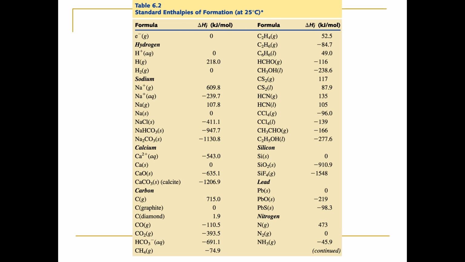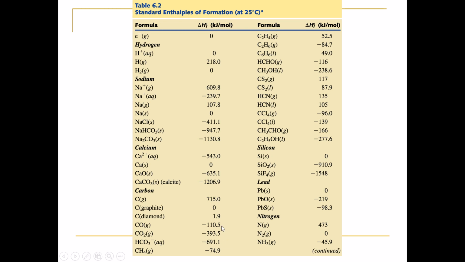This table shows you some values for heat of formation for several different atoms or compounds or ions that exist. So notice all the zeros correspond to elemental forms. Once you start creating ions, we see changes in these delta H values. When you start creating compounds and adding atoms together, we see changes to the delta H values.